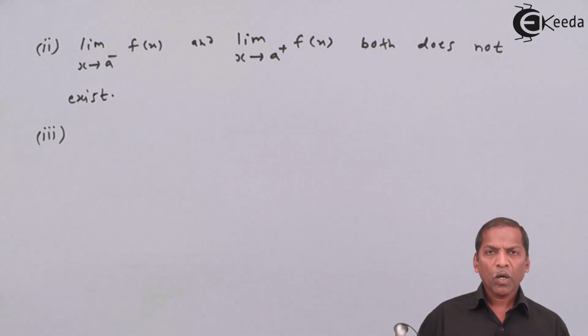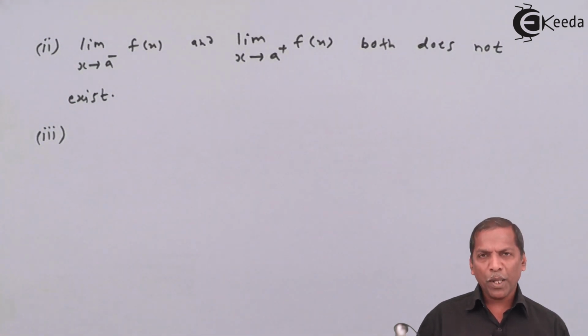Number 3, limit x tends to a minus f(x) and limit x tends to a plus f(x), both exist but are not equal to f(a).